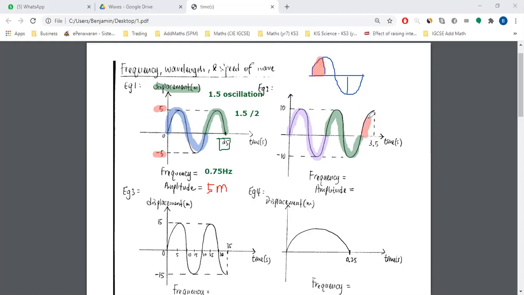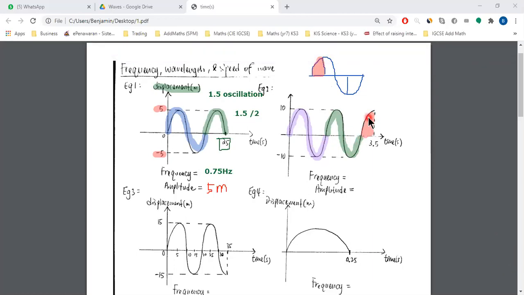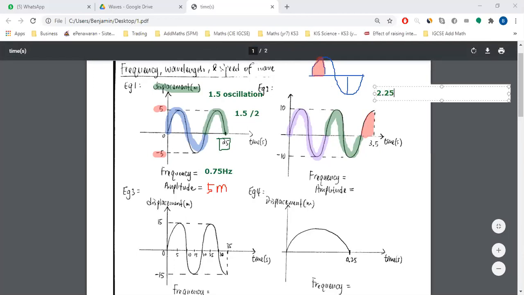1/4 only here, only the red shaded region. So it is 1/4 of the vibration, meaning that this one is 1 vibration, 2 vibration, and plus 1/4. 1/4 is 0.25. Okay, so 2.25 oscillation. Now 2.25 oscillation in 3.5 seconds, right?